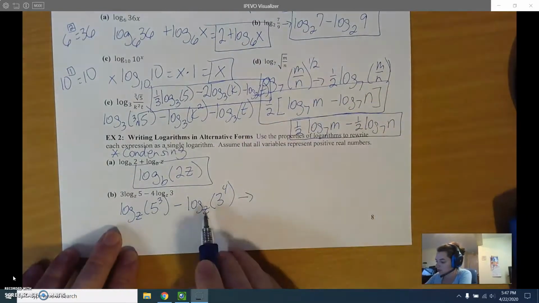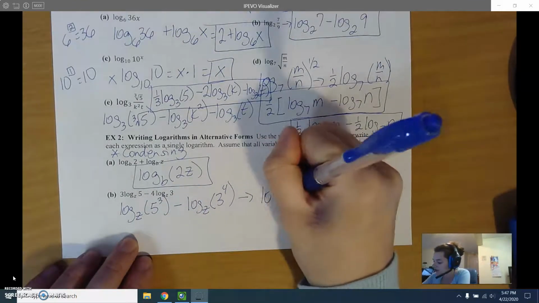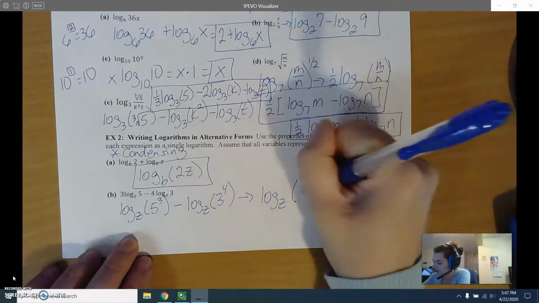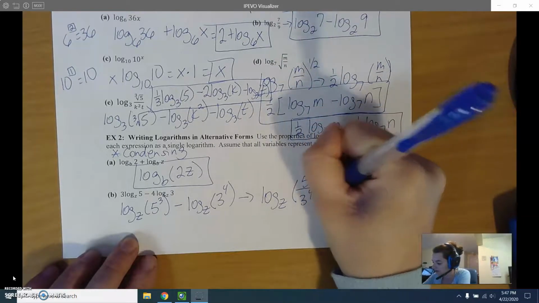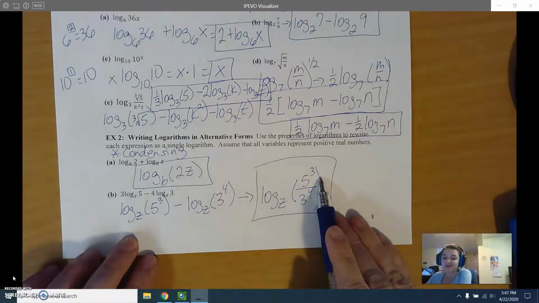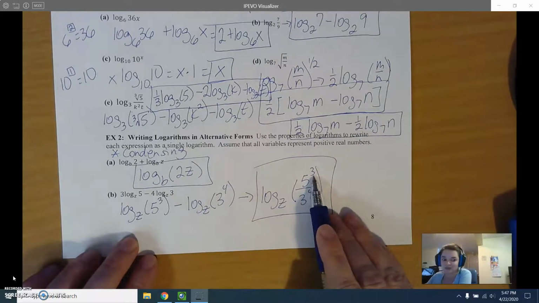Then we can deal with our quotient rule because we have subtraction. So this would be the log base z of 5 to the 3rd over 3 to the 4th. If you would like to go ahead and do 5 to the 3rd, go for it. I think, if I remember right, my math lab actually likes to see the exponents.